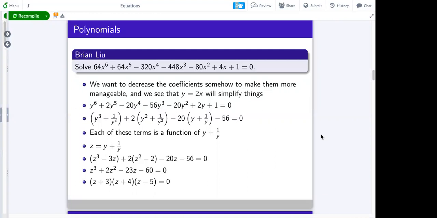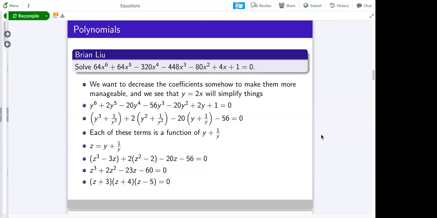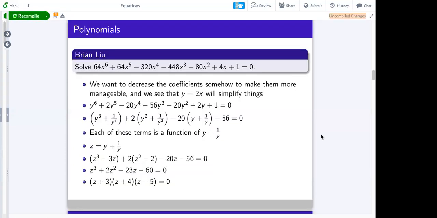Once you get one of them, it's easy to finish from there, because you can just use the quadratic formula on the remaining quadratic. So now you have the possible values for z. Now you remember that you want your equation still in x, so you go back step by step and see what y can be.